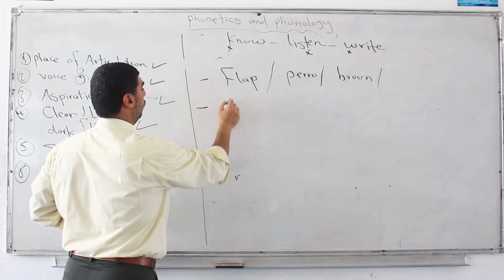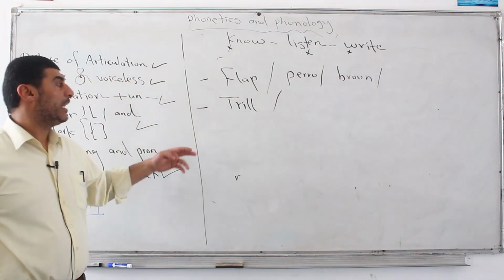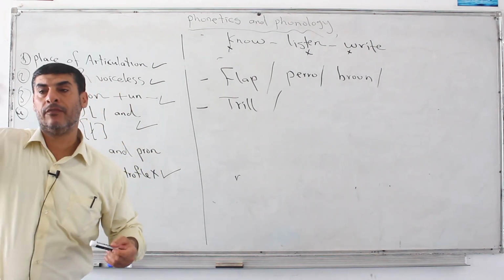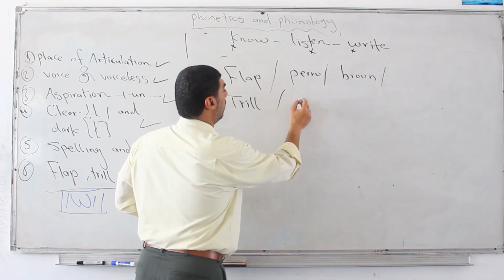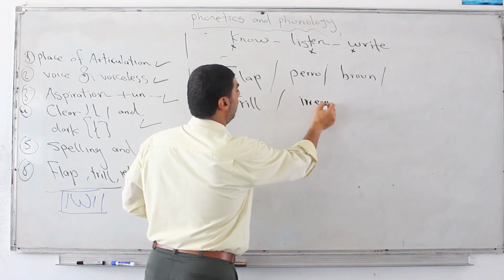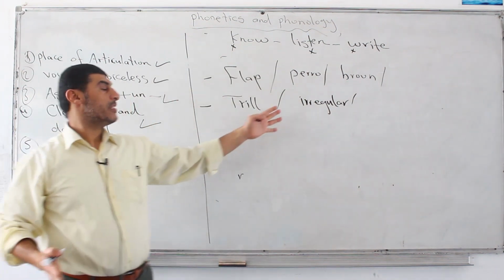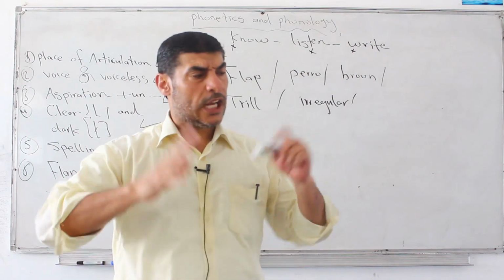So what is a trill? A trill is similar to flap, but the only difference is that the tip of the tongue goes back and vibrates rapidly. Try to say the word irregular. So the sound keeps moving, okay, trill. So once again, what is a trill?